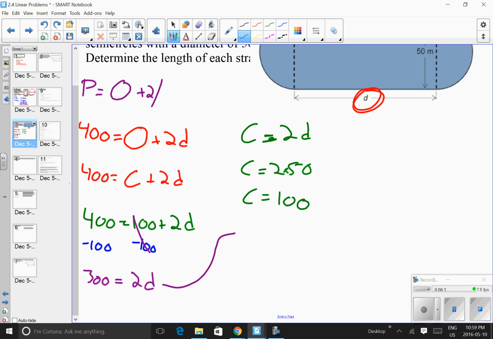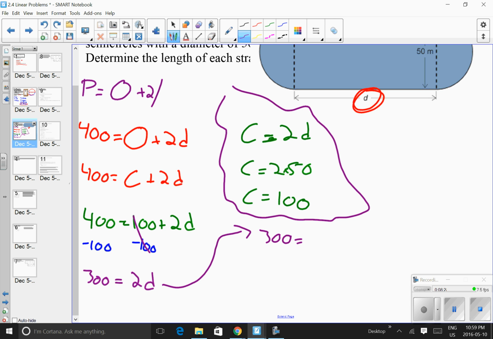So now I just have to undo that multiplication. The opposite of multiplication is division. I'm trying to get rid of the 2, so that's what I'm dividing by. Again, whatever you do to one side, you do to the other.